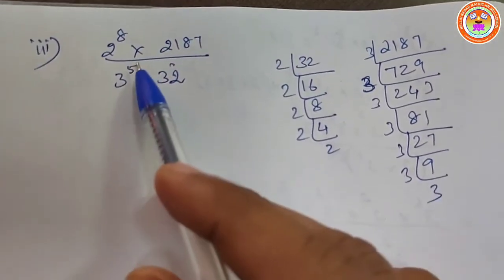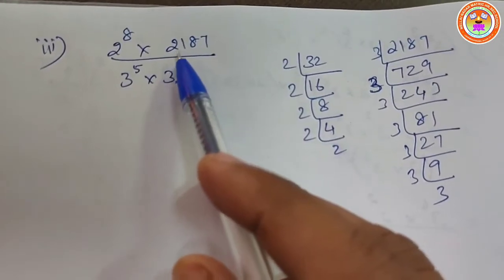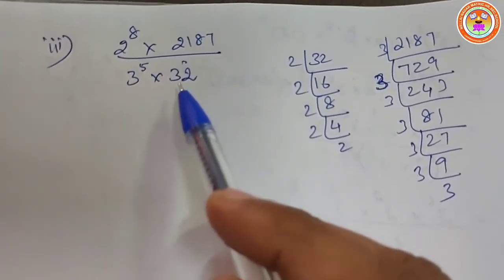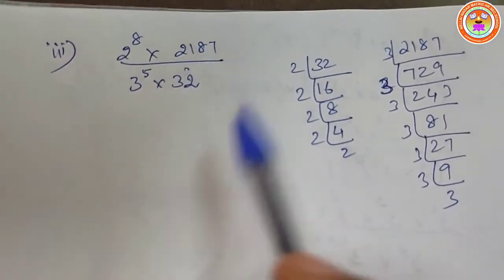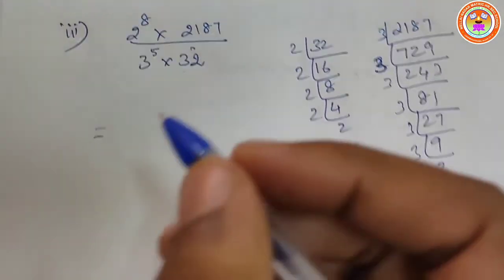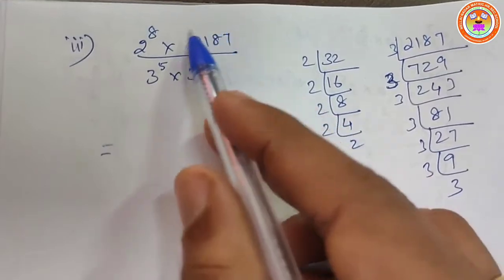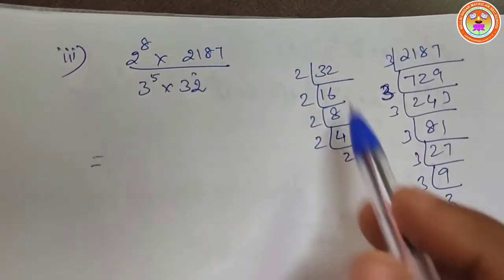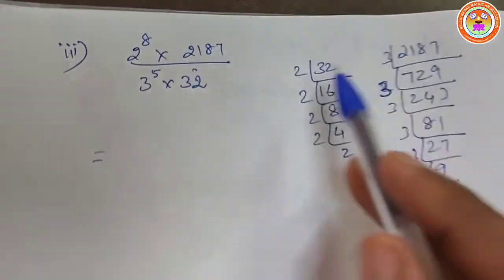2 power 8 into 2187 divided by 3 power 5 into 32. As I said earlier, wherever a number other than a prime number comes, you have to do the prime factorization. I already did it for 2187 and also for 32.